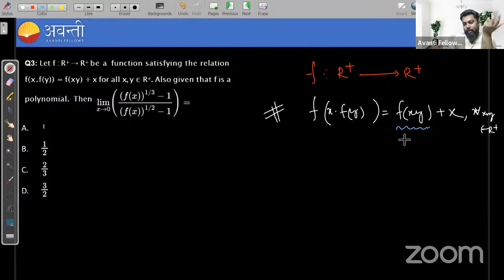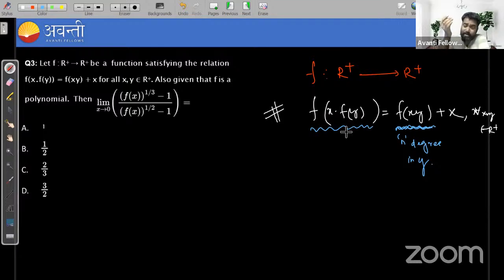If this is a function of degree n in terms of y, then can you tell me what the degree of the left hand side will be?